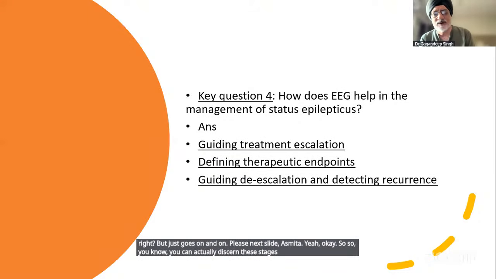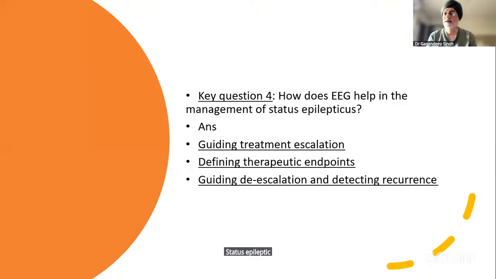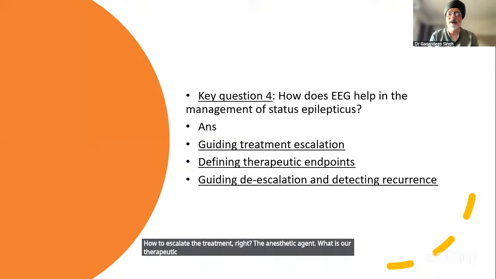But then coming to the larger question: how does EEG really help in the management of status epilepticus? How does it guide when to start treatment, how to escalate the treatment, and what is our therapeutic endpoint for the anesthetic agent?